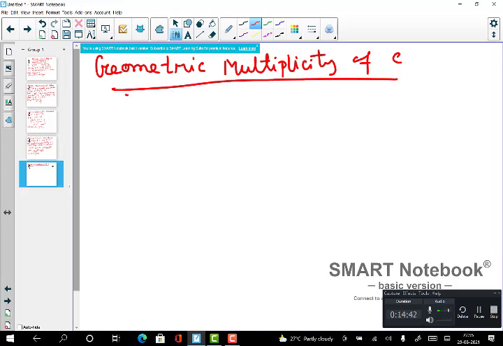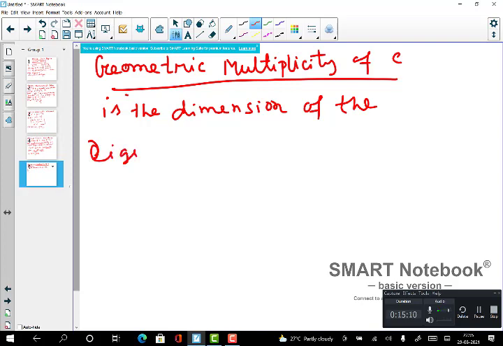The geometric multiplicity of c is the dimension of the null space, or whatever you can say, the eigenspace E_c, the eigenspace corresponding to the eigenvalue c.